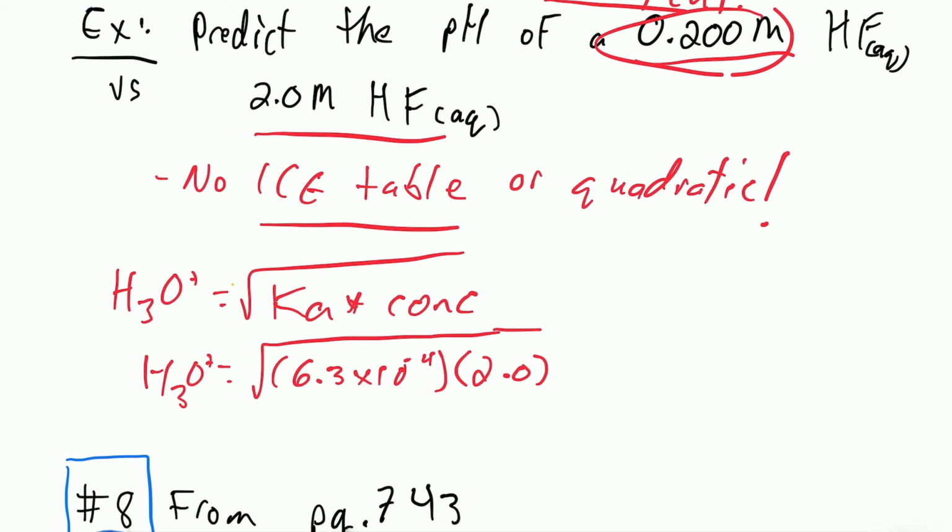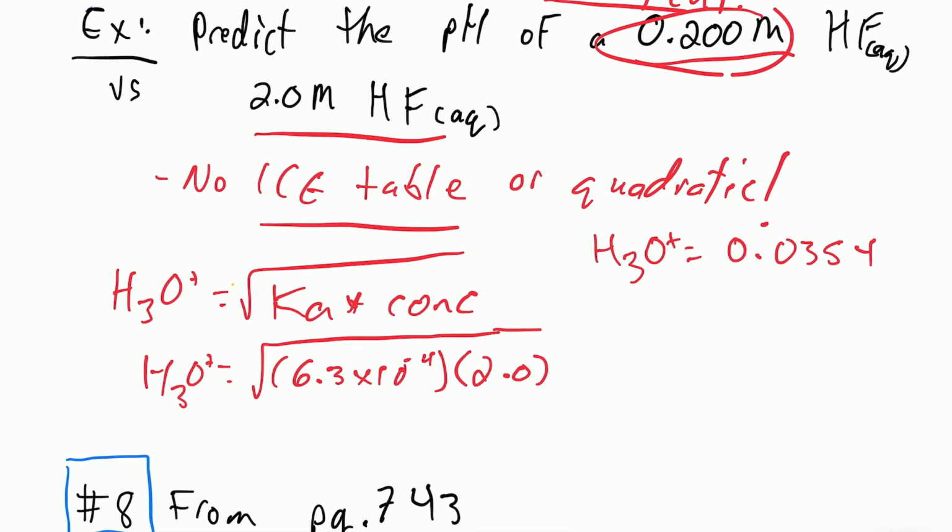When you plug that into the calculator, you get the following. So our H3O plus ends up being about 0.0354.